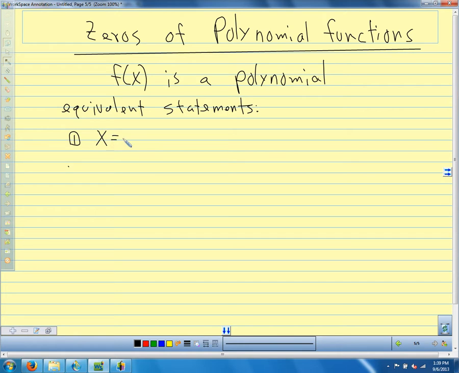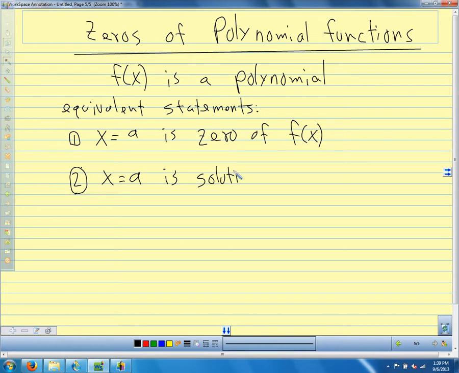So if we say that x equals a, some number a, is a 0, that means the same thing as saying that x equals a is a solution of the equation f of x equals 0.